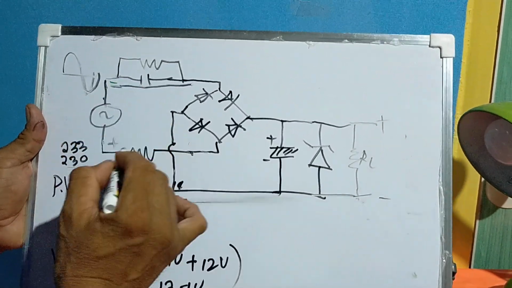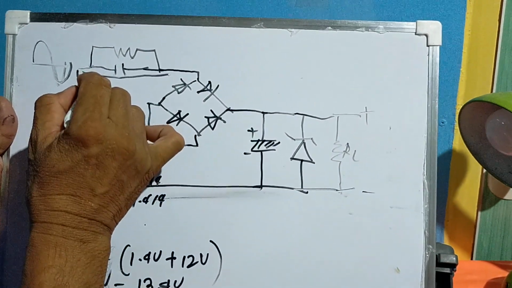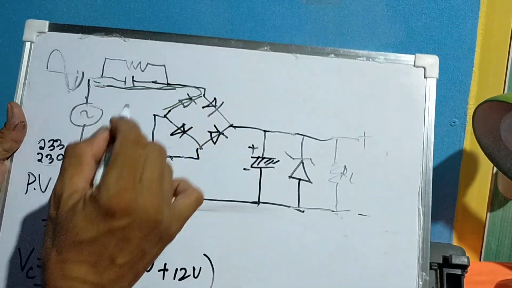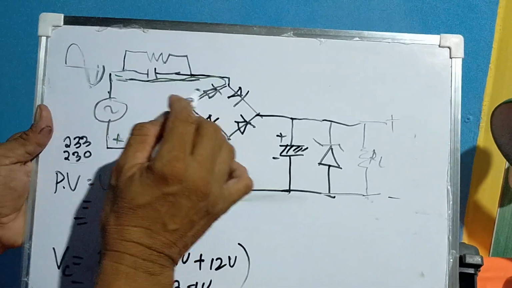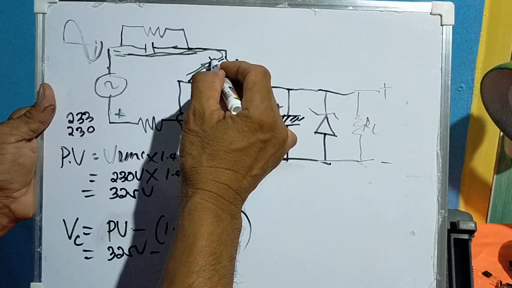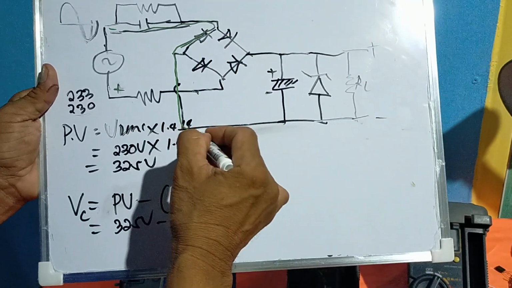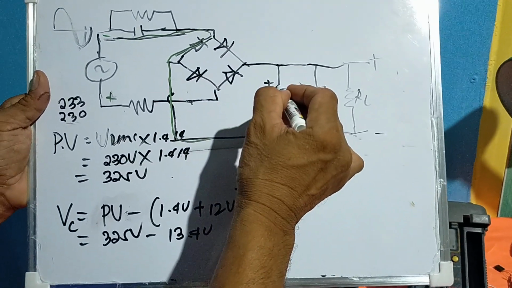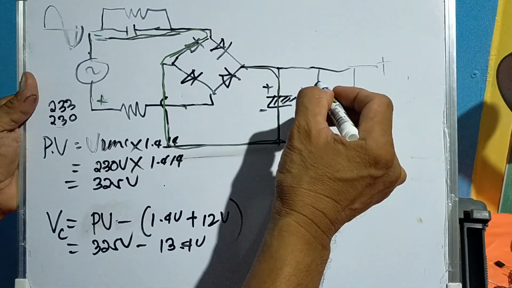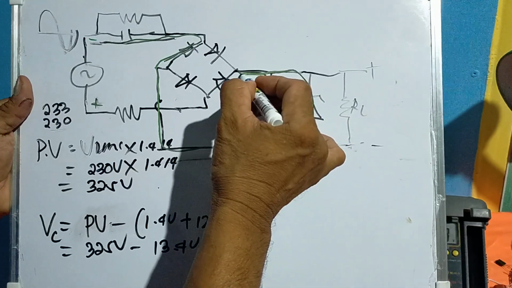Once this is negative and positive here, the current would flow then to this diode because it is forward bias for this polarity, negative, then the cathode is negative. Then it flows here. It is smoothed out by this capacitor. Then it is regulated by this diode. Then it goes here.